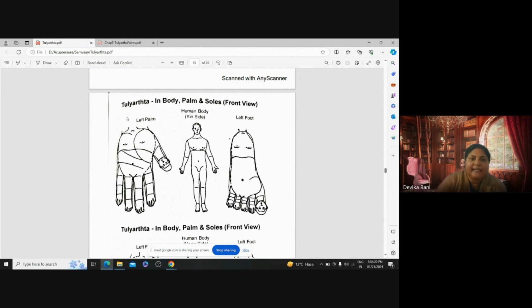Now if you see clearly, the bulging portion is the chest in both the hands. And here is the diaphragm. The head is here. The head will remain the same in both systems. But this bulging portion in both the hands becomes the chest, and over here in the sole also.